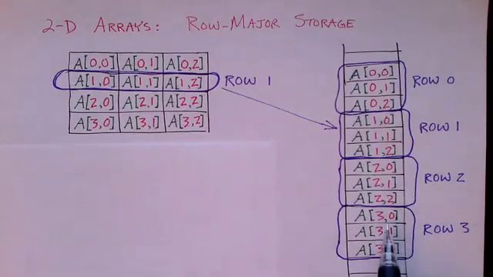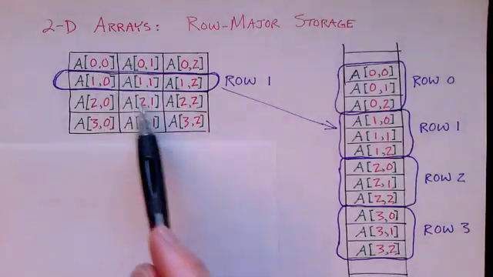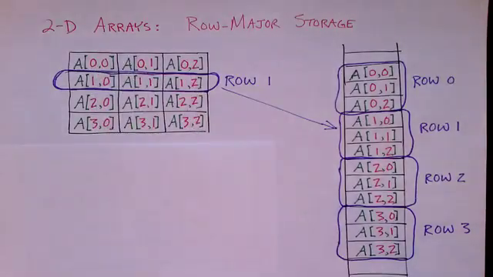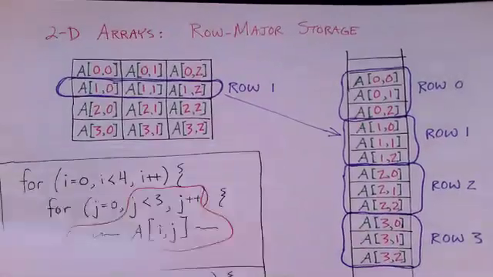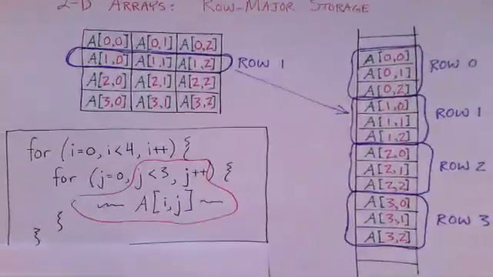So that's row major order. There's also something called column major order, which is to store all the columns one after the other. But most programming languages use row major order. So here's a piece of code that goes through this array.